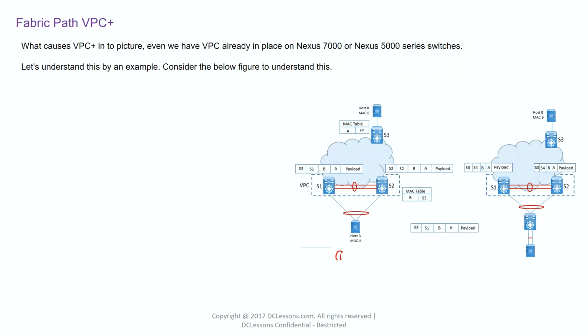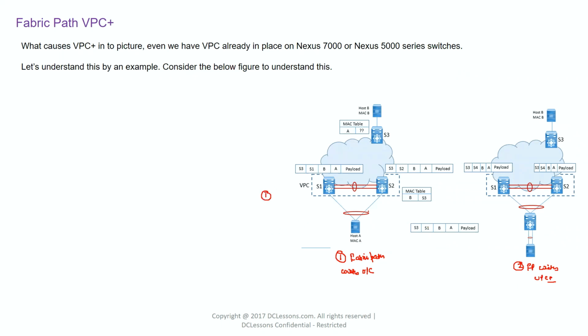So this is my scenario one, FabricPath with VPC, and the second one is FabricPath with VPC+. So let's understand scenario one.